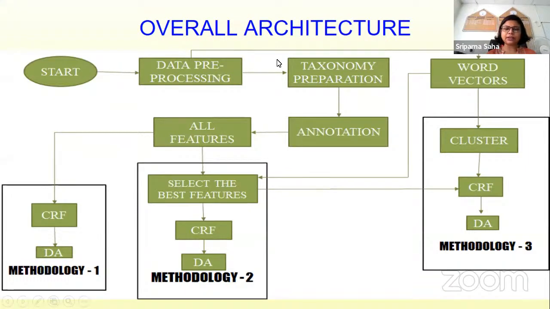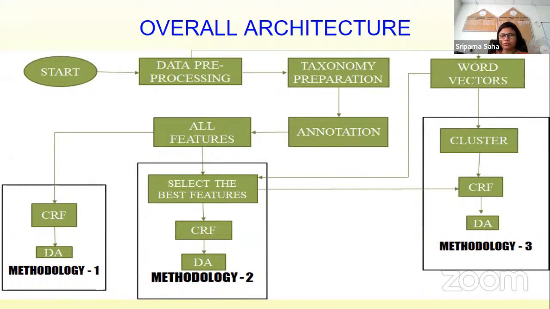Data pre-processing and the taxonomy preparation. I have already mentioned how we prepared the taxonomy. We merged these 42 fine grain categories and generated the 5 coarse grain categories to reduce the complexity, because handling these 42 categories is very difficult, and among them some classes will be very minor, with few instances in a particular class.